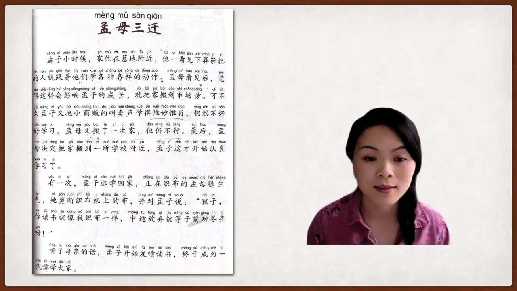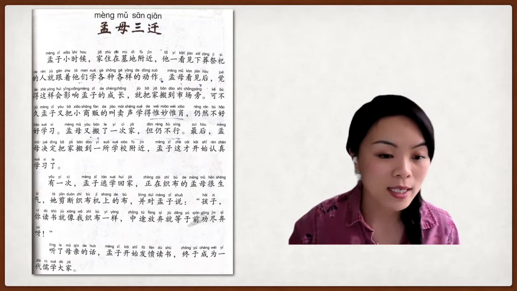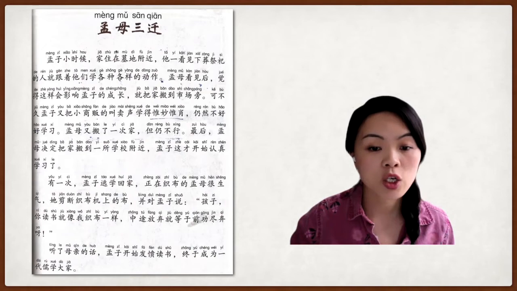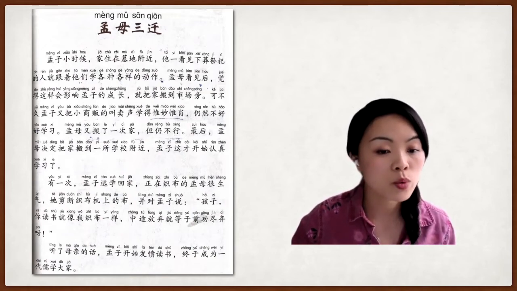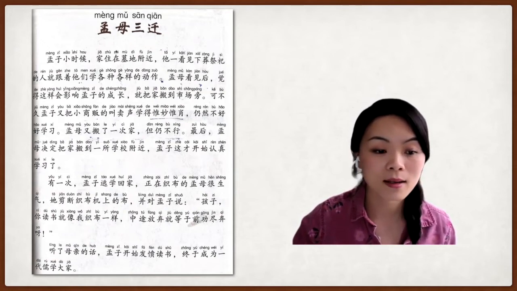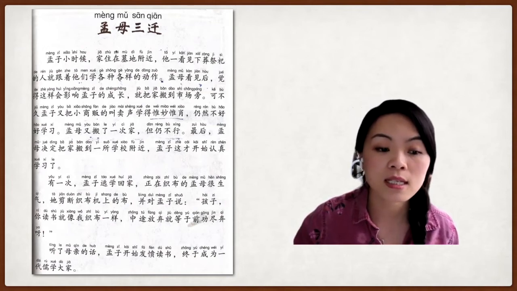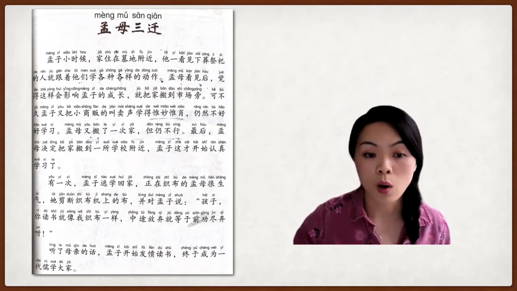It was quiet. So let's take a look at the second paragraph. 有一次，孟子逃学回家，正在织布的孟母很生气，他剪断织布机上的布，并对孟子说：“孩子，你读书就像我织布一样，中途放弃，就等于前功尽弃呀。”有一次 one time, 孟子逃学回家.